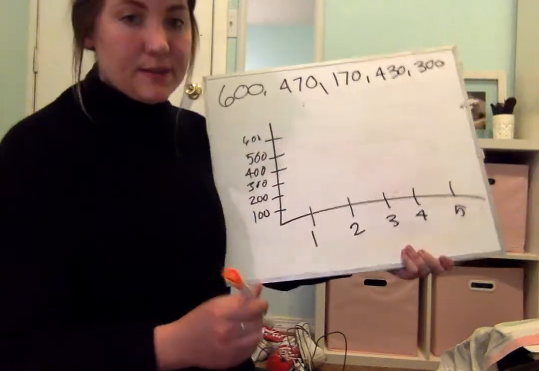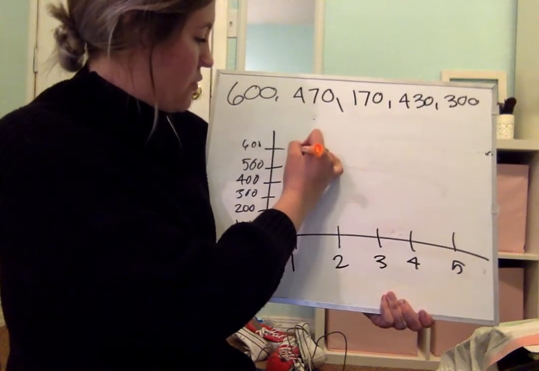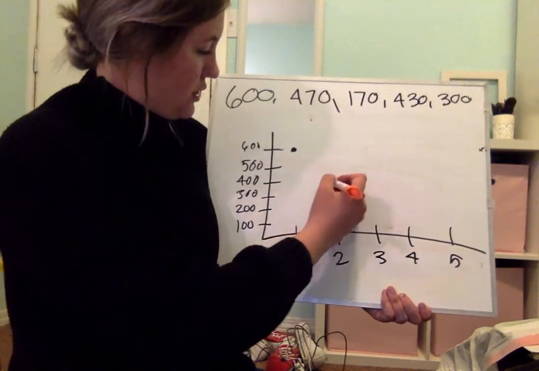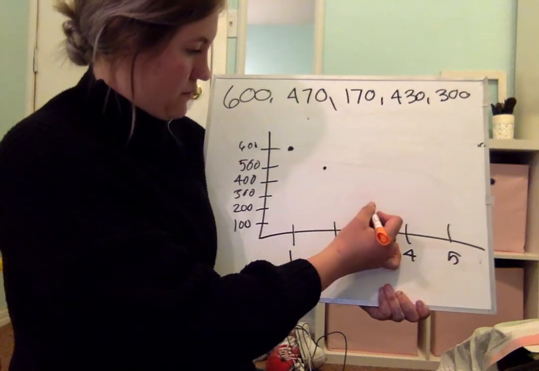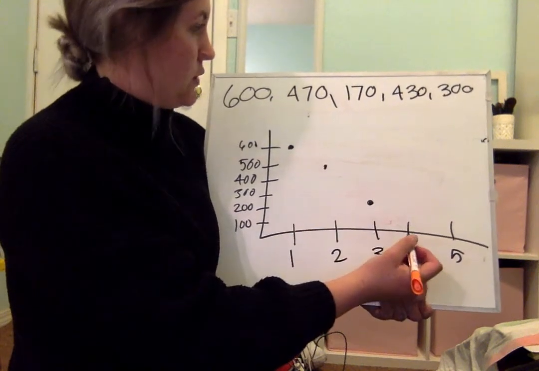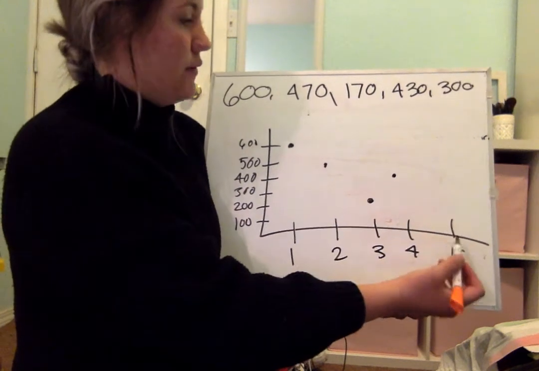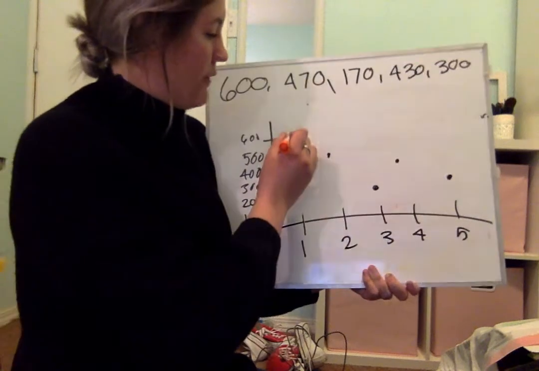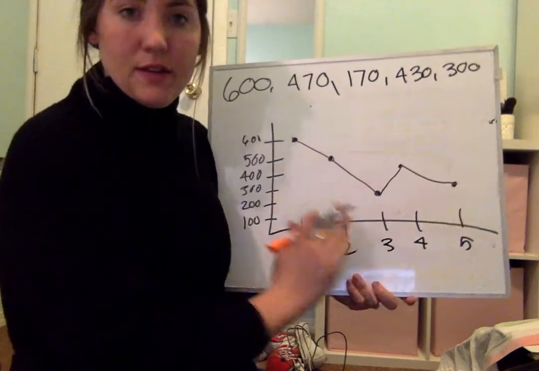Dog 1 was 600, so we're going to mark him right up here. Dog 2 was 470, so he's about right there. Dog 3, 170. Dog 4 was 430, so we're going to go a little less than that guy. Dog 5 was 300 on the dot. So now we have our dogs. Just make a nice little line graph so you can see the difference between them.